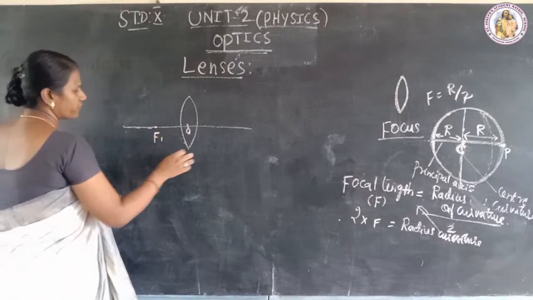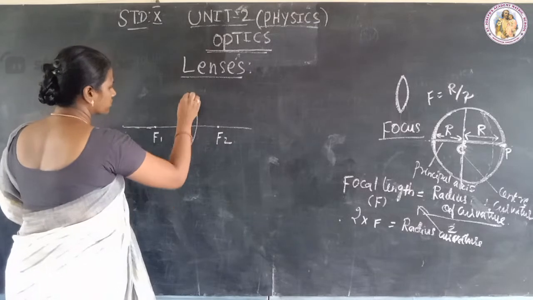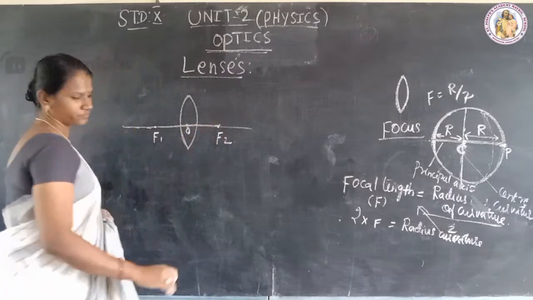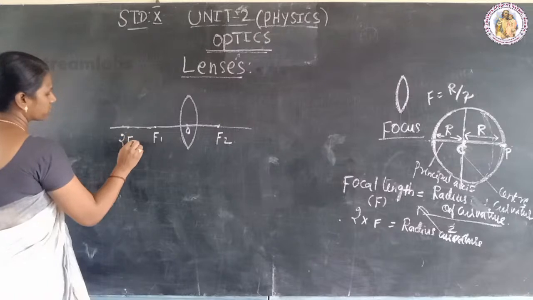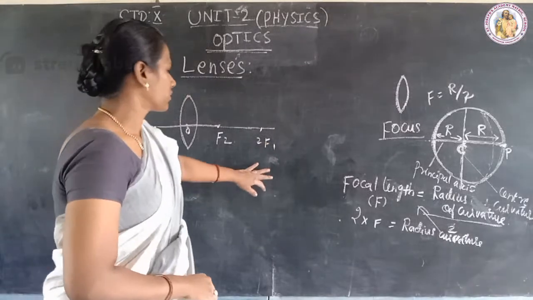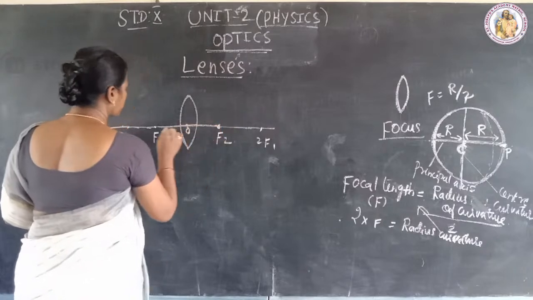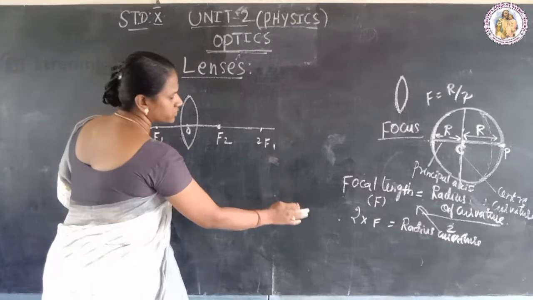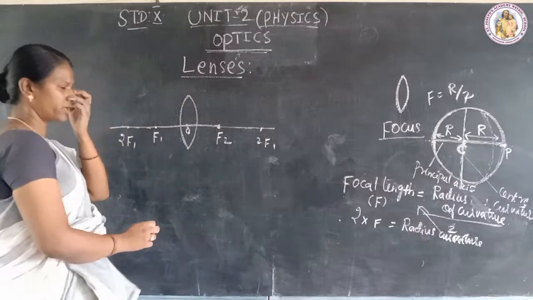Then 2F1. What is 2F1? It is the radius of curvature. That's 2 into f. 2 into f is equal to the radius of curvature.